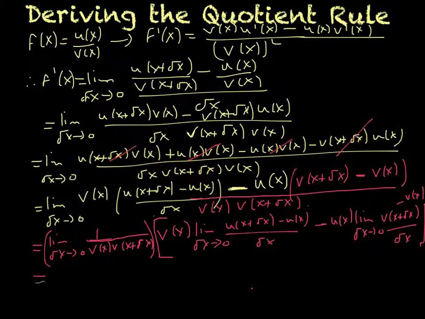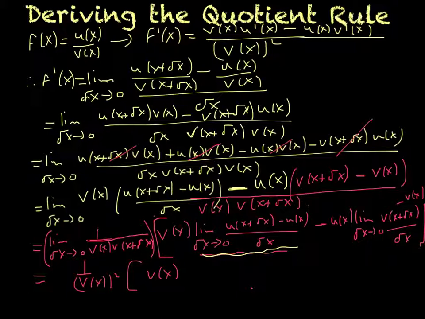So that means we can actually take the limit. As delta x tends to 0 here, you can see this delta x disappears and we end up with our 1 over v of x all squared. At the same time, remember we have to take the limit simultaneously. This v of x has nothing changing, and this thing here is the very definition of the derivative of u.